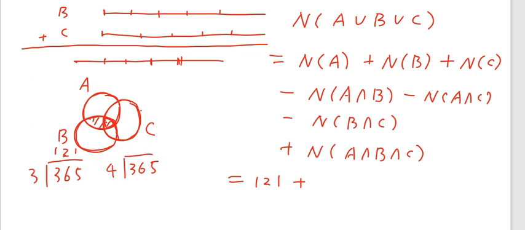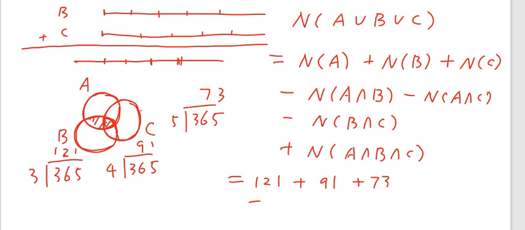And for C, 365 divided by 5. Then we subtract. What is A and B?